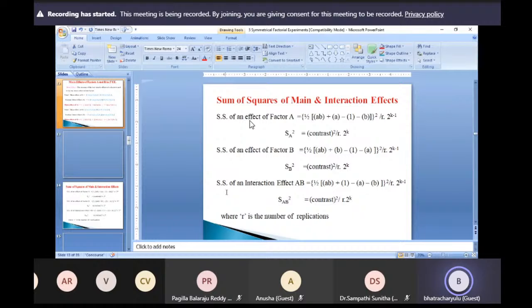Now, I already told you that each is also a contrast. Contrast is nothing but the sum of the coefficients is 0. That's why they are said to be a contrast.